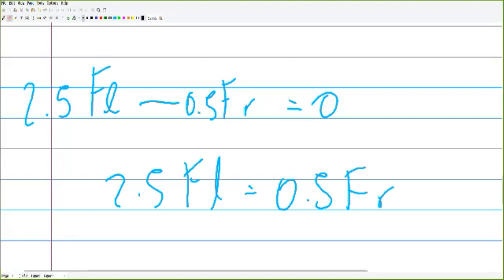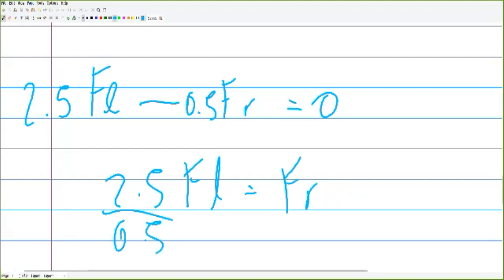And if we divide by 0.5, what we get is that FR is equal to 2.5 divided by 0.5, which is 5 FL, okay?